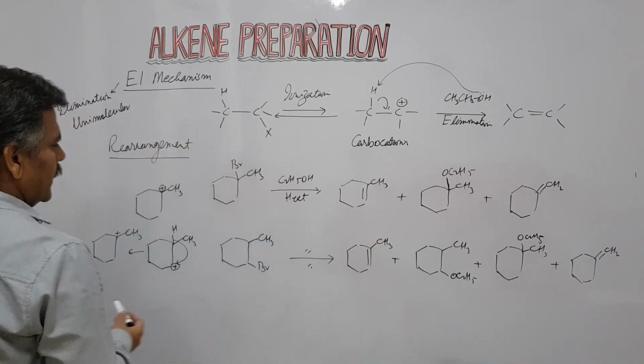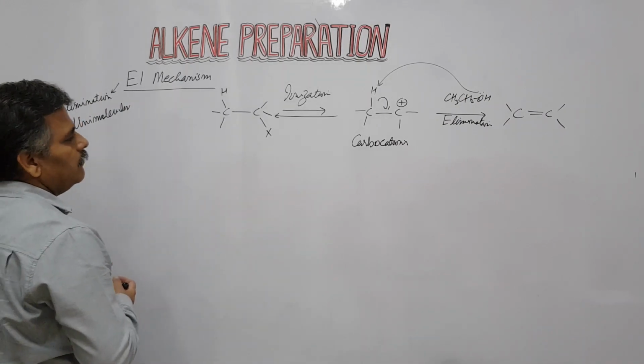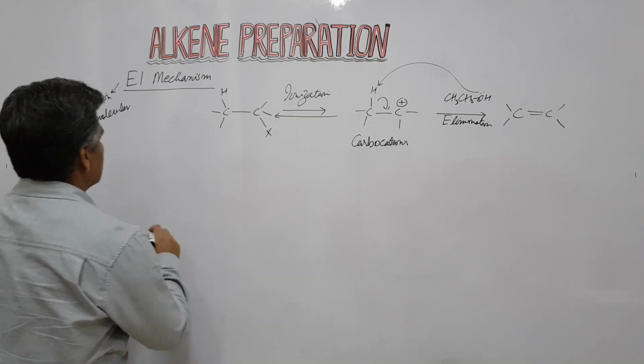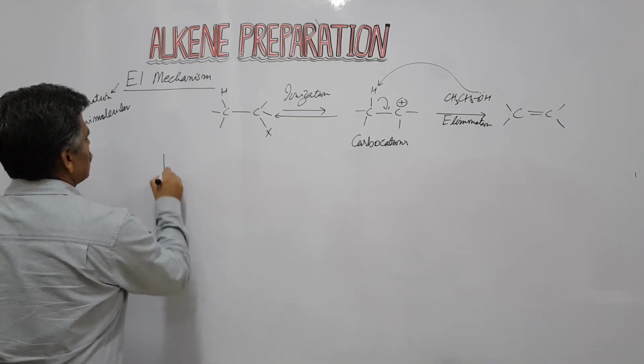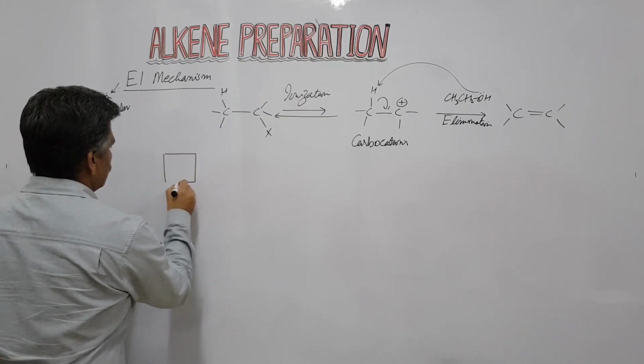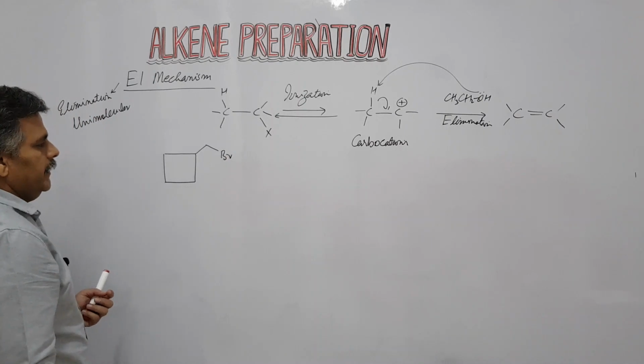So let's discuss another example. Let's try to solve the formation of different products from a single reactant. You can try it before you watch this complete reaction. Suppose here we have an alkyl halide.